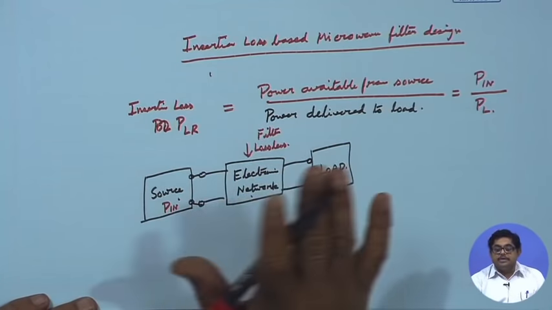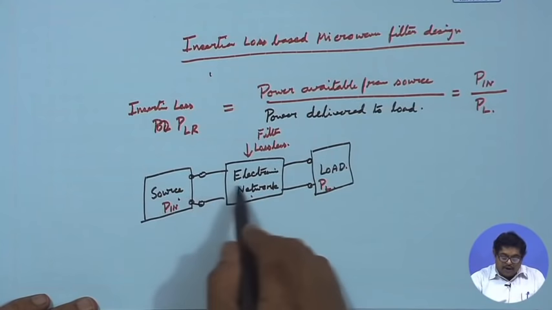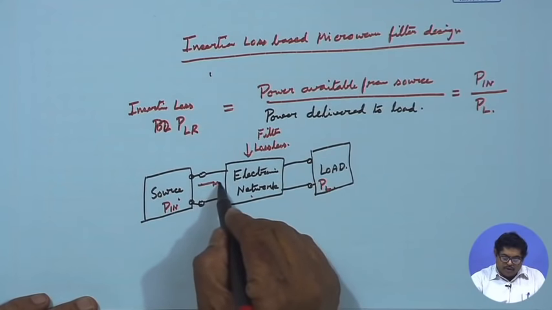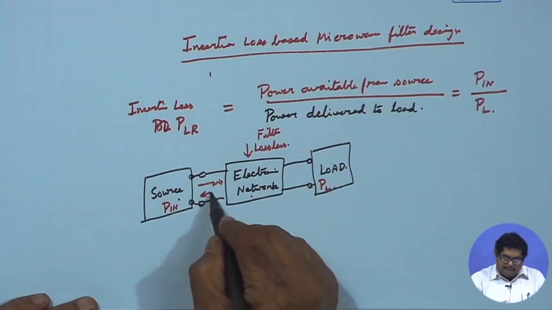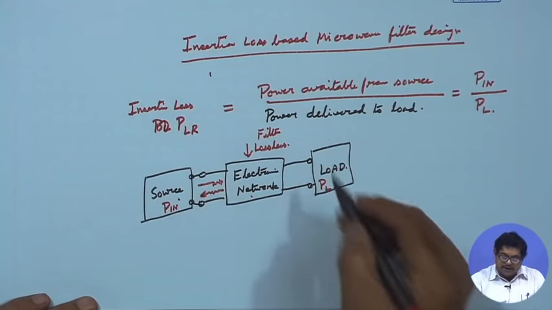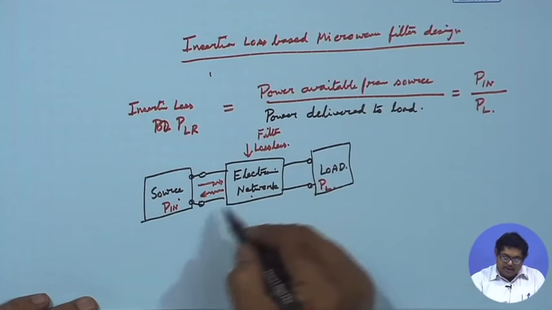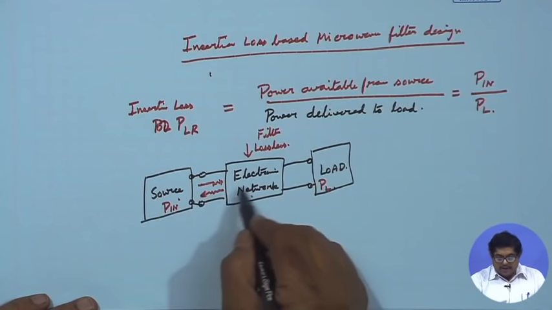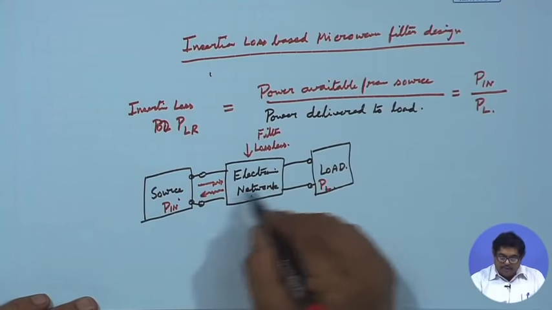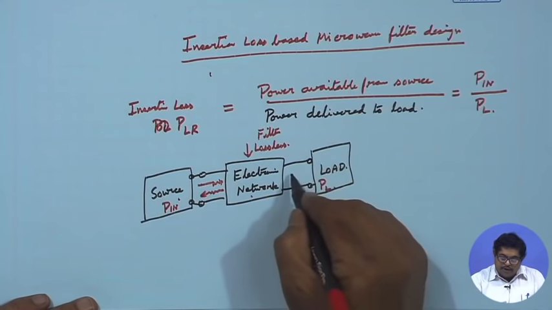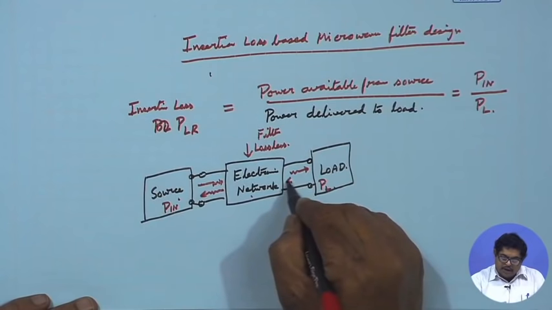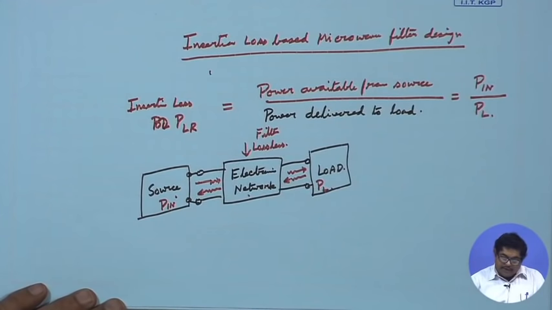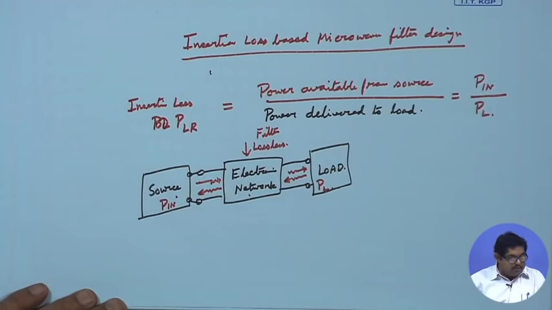So, it is a lossless part here internally, but you know that due to this impedance mismatch there can be reflections here. So, the wave is going and then the wave can come back. So, there are reflections. So, all the power may not go here. So, obviously, the power that is reflected will go back here. So, here it will be something less power. Similarly, here also due to the impedance mismatch, the wave is going like this, but there may be reflections. So, can I say that all this P in, P L.